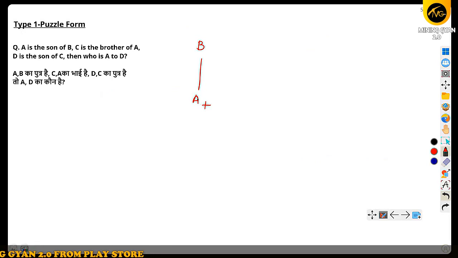A is the positive sign, basically he is a son. C is the brother of A. That means it will also be a positive sign, because both are sons. A and C are the brothers.